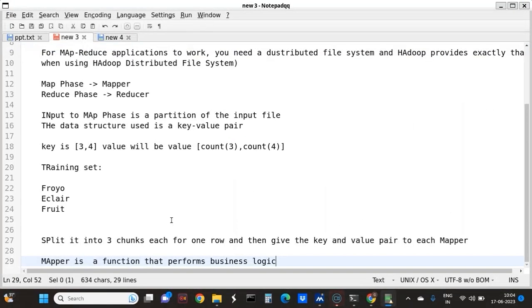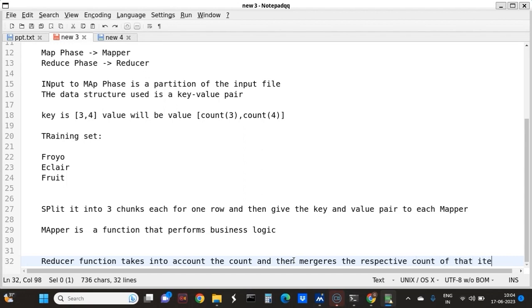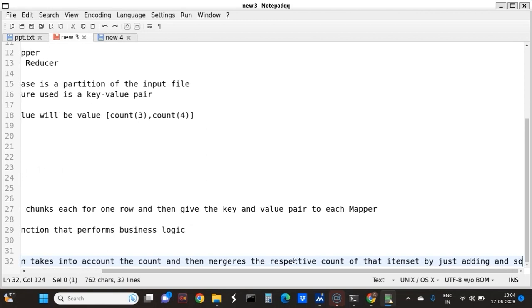Here we were in the mapper function, so it projects, and the reducer function takes into account the count and then merges the respective count of that item set by just adding and sorting.